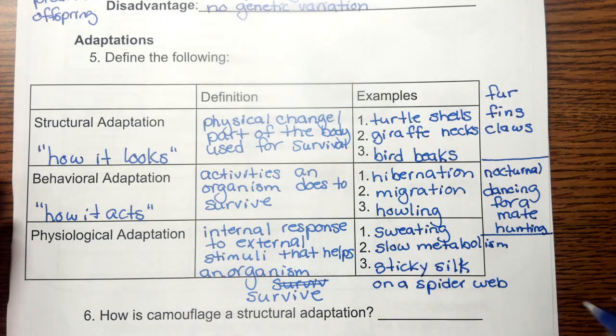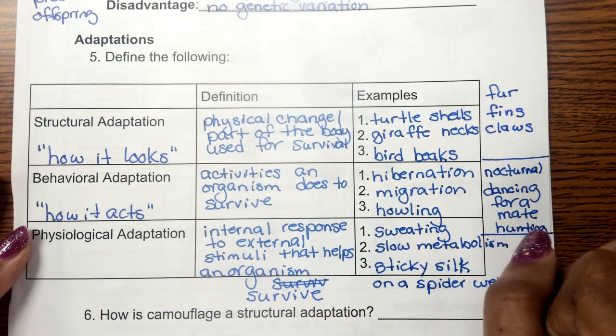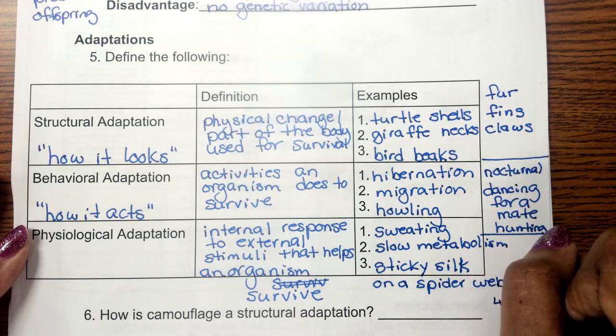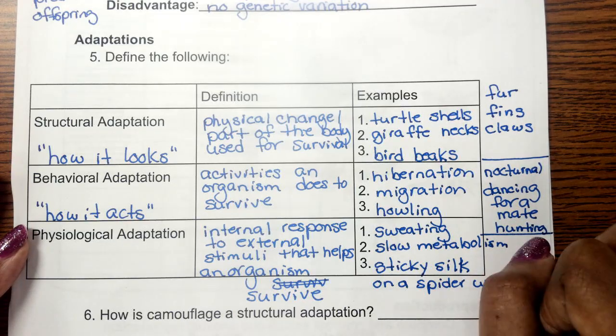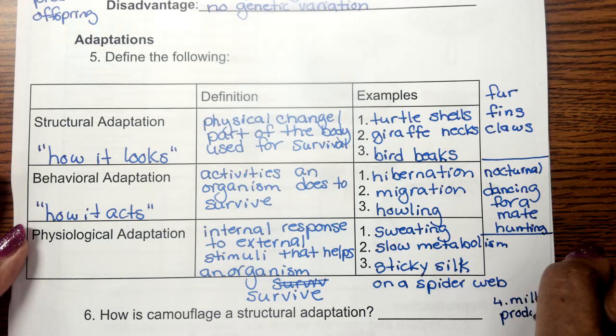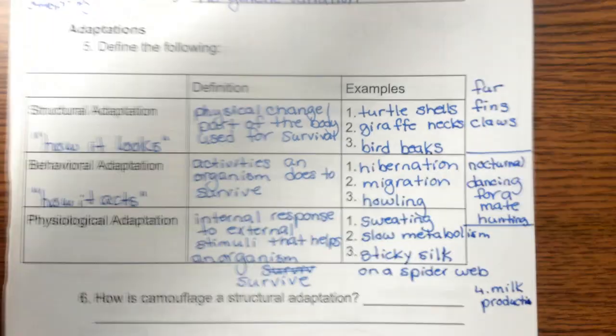And another one would be milk production for a cow.